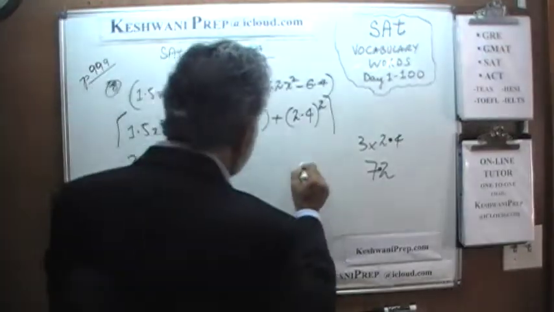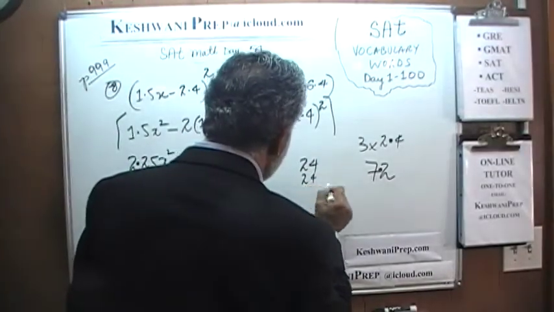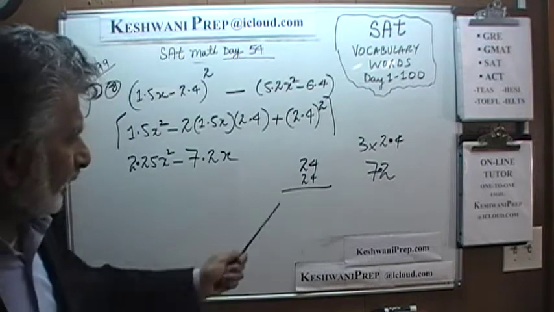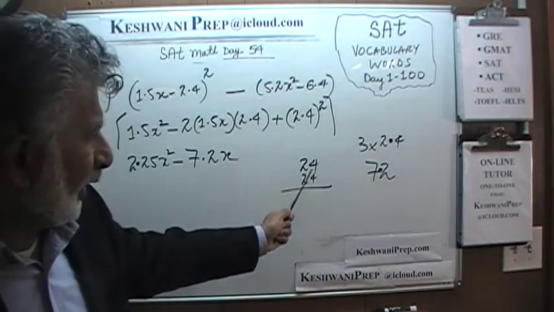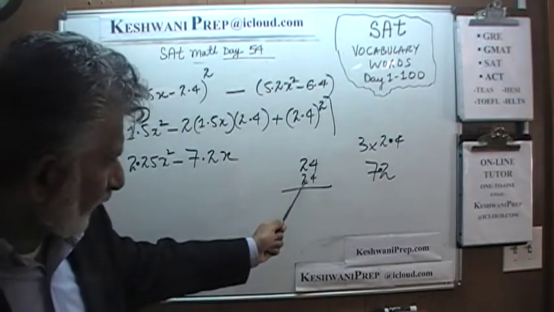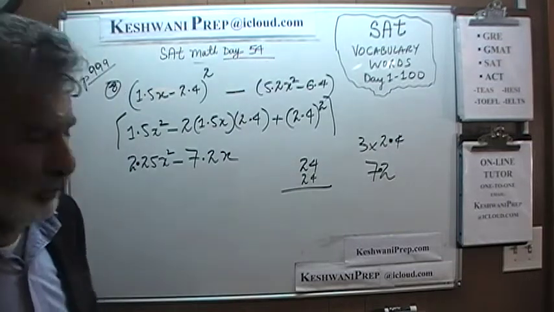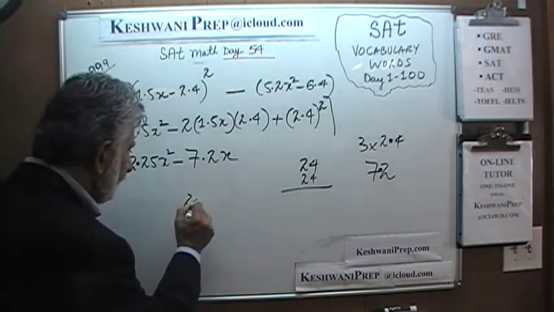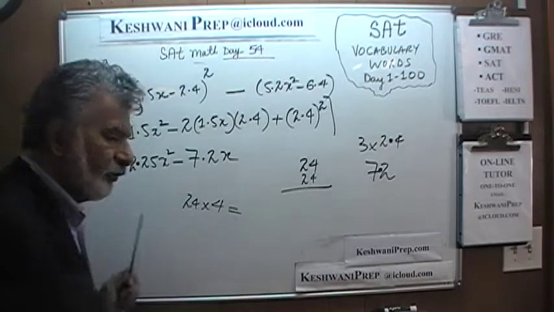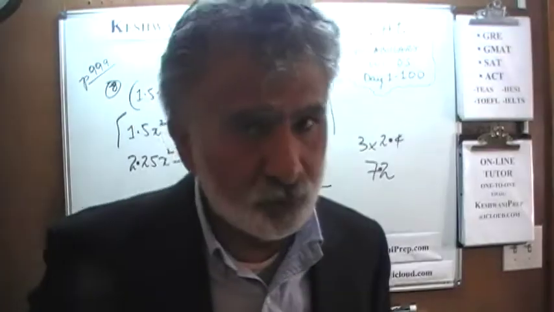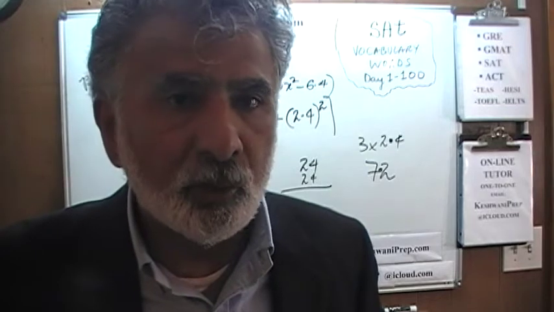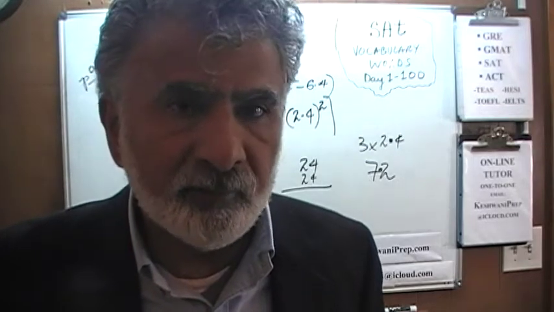Now we have to figure out what 24 times 24 is. I'm not going to stand here and do it in a baby way, one digit at a time. I'm just going to do 24 all together. So stay with me. 24 times 4. If somebody asks you what 24 times 4 is, you should be able to answer it because you know what 25 times 4 is.